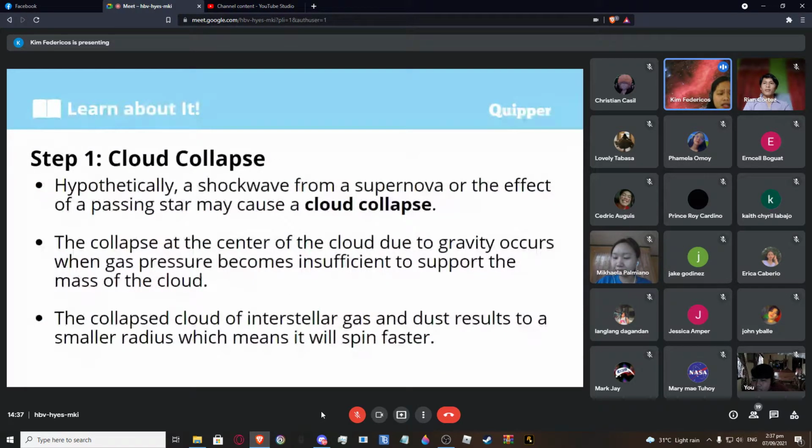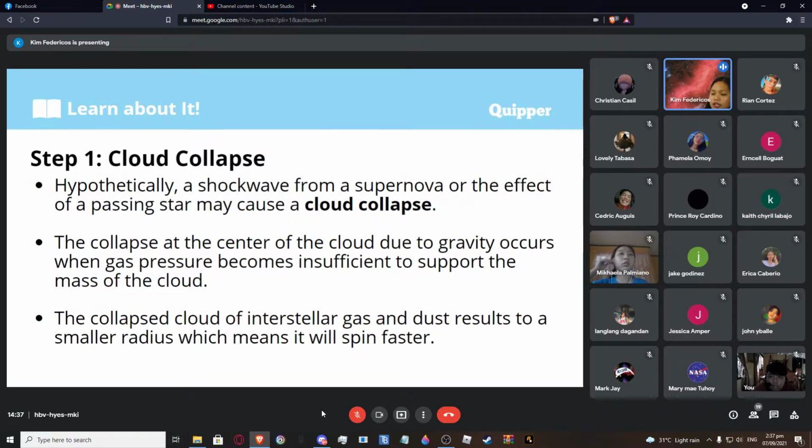Okay, now let's discuss the first step in the formation of the solar system base sa nebular. So, hypothetically, a shock wave from a supernova or the effects of a passing star may cause a cloud collapse.